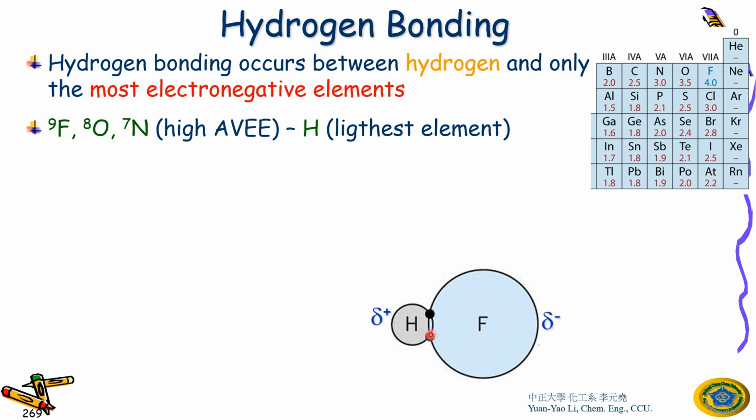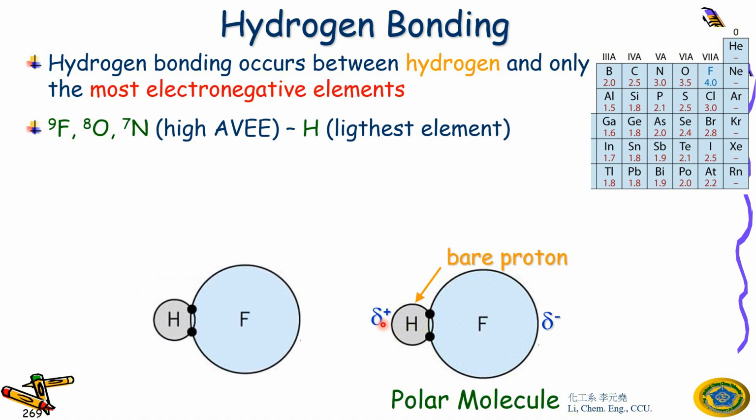So you have a positive end and a negative end. This is what we call a bare proton. Because of the bare proton, this one has no electron at all, which is very strongly positively charged, right?